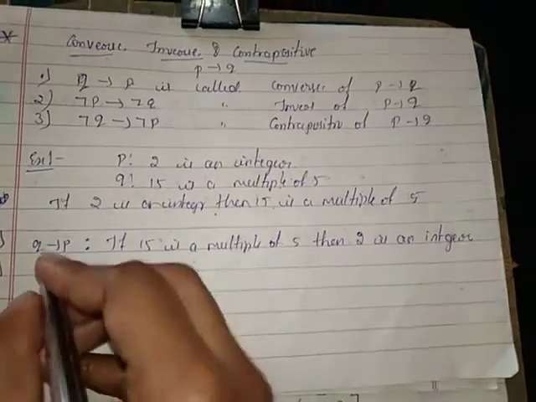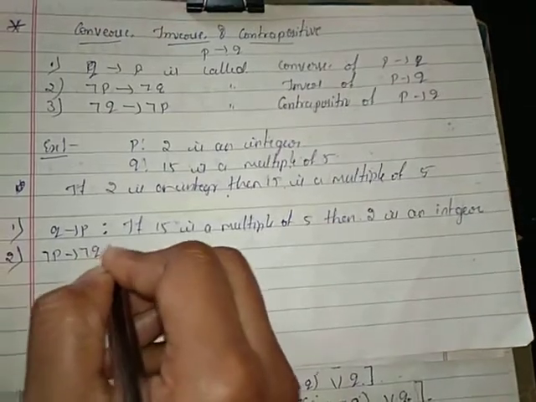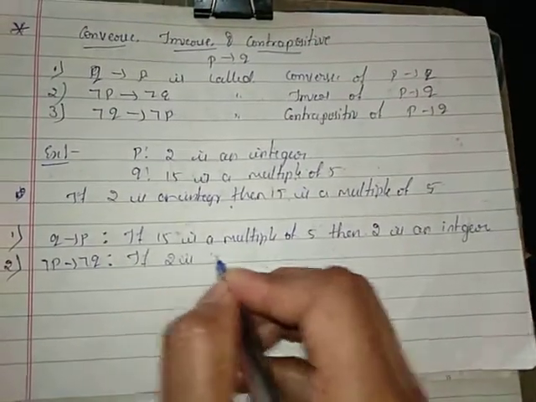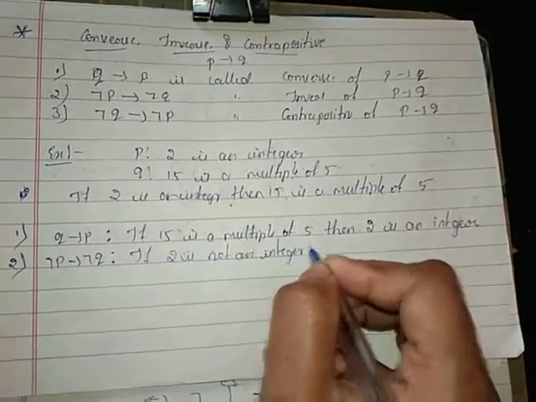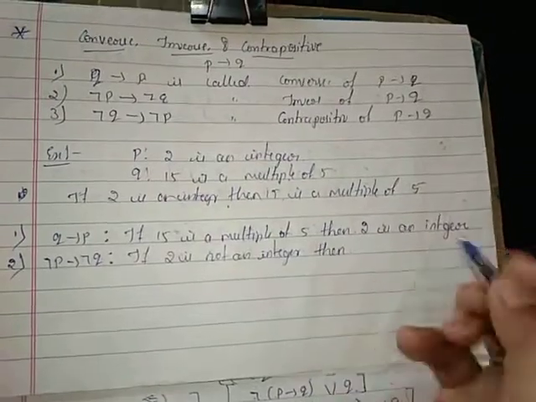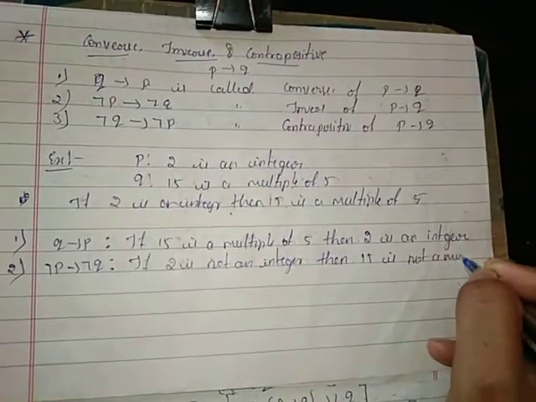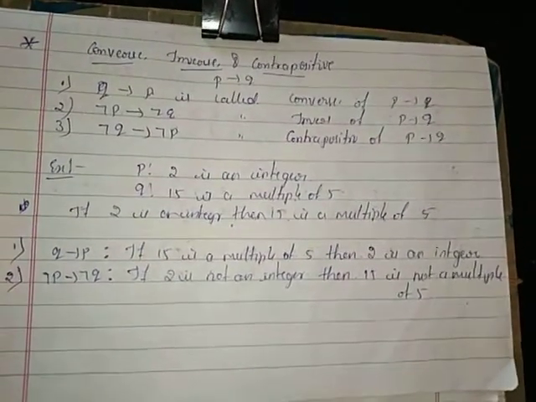Similarly, the inverse of the statement is negation of P implies negation of Q. That is, if 2 is not an integer, then 15 is not a multiple of 5.